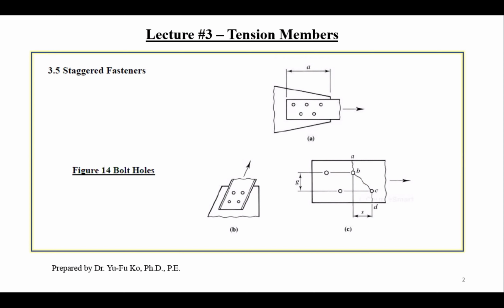We will give you the layout of the bolts, the dimensions, and spacing are all given. You just calculate the capacity. So it's not a concern in this chapter. Any other questions? No, sir. Okay.